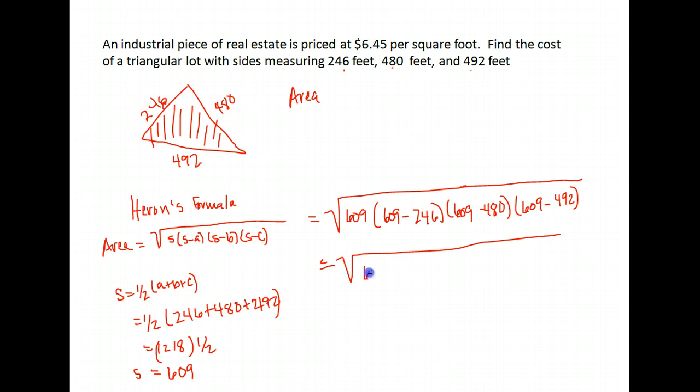So I have 609 times 363 times 129 times 117. We're going to multiply those values together.